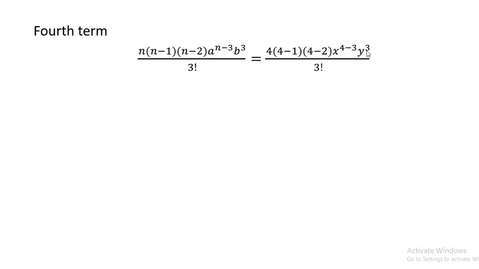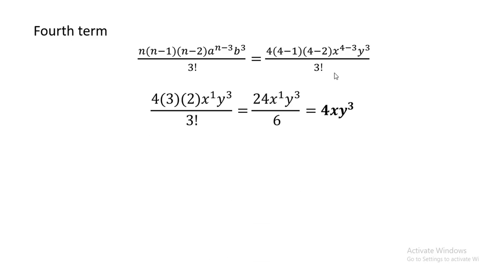So the power of the second term will be the same number, written with the factorial sign in the denominator. So y cube upon 3 factorial. Now as I solved it, the answer that I got is 4xy cube.